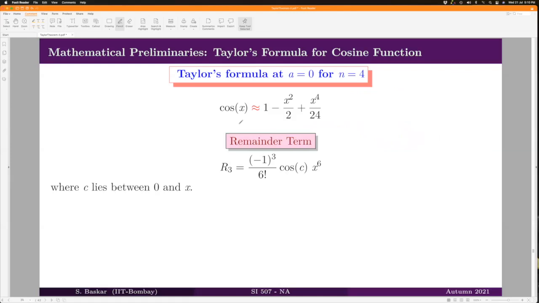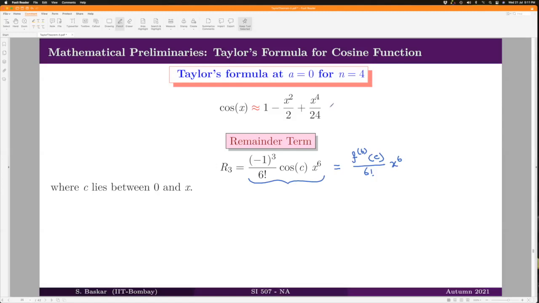However, we prefer to take the remainder term in this form. It means what? We have taken the remainder term as f6 at some point c divided by 6 factorial into x to the power of 6.